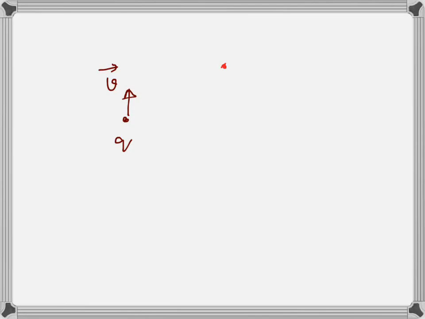Who is creating this magnetic field? This moving charge is creating magnetic field. So what you have to do first, from the charge you draw a position vector to that point where you are finding magnetic field. So I am showing that position vector here with a green colored arrow.